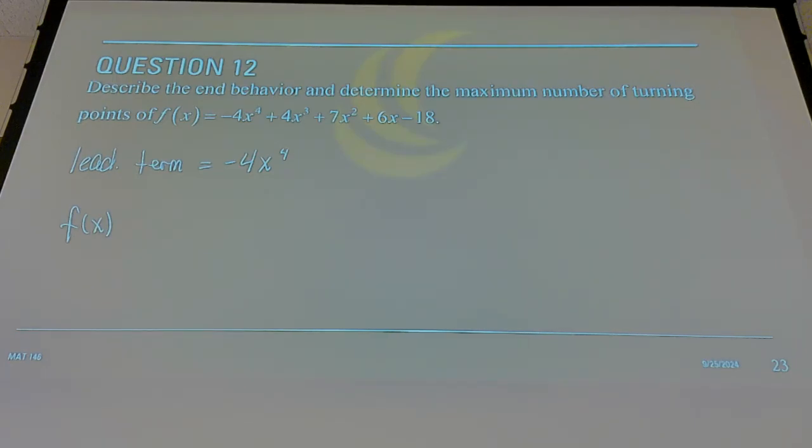Go to negative, or decrease. And what does it do on the right? Also decreasing without bound. We can have no more than 3 turning points.